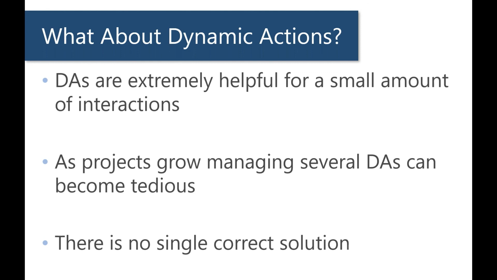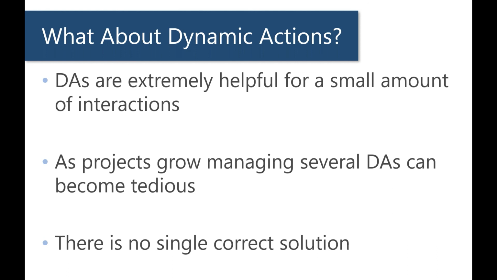So the takeaway should be, I do not believe that there is a single correct solution for any given page. As a developer, it's our job to evaluate, should I just be making dynamic actions for this? Or, hey, have I made too many dynamic actions on this page now that it's kind of hard to manage what's going on?